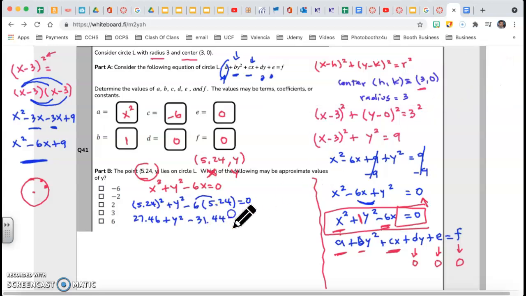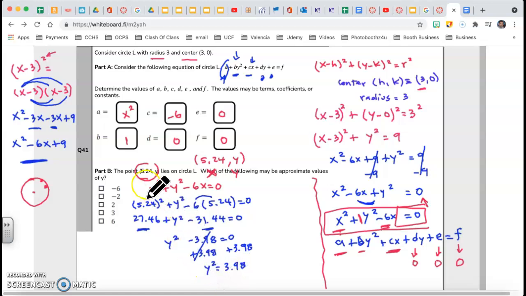Then let me combine these two. 27 minus 31.44 is going to give me negative 3.98. Let me bring down the y squared. So y squared, minus 3.98 equal to 0. Let me send this to the other side. So negative 3.98 cancels, and I bring down the y squared. 0 plus that is 3.98.